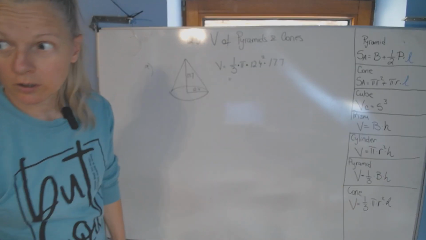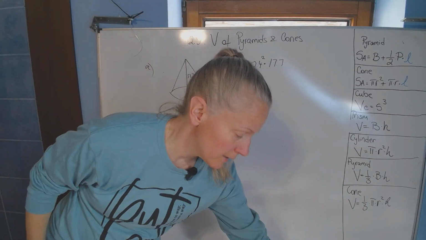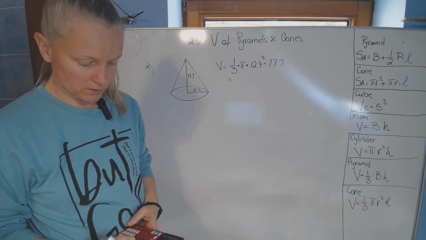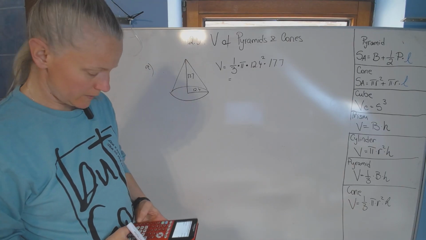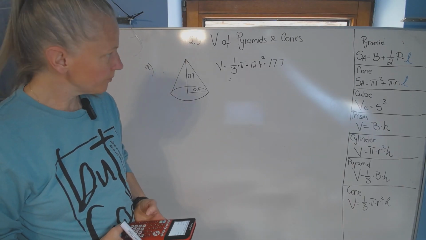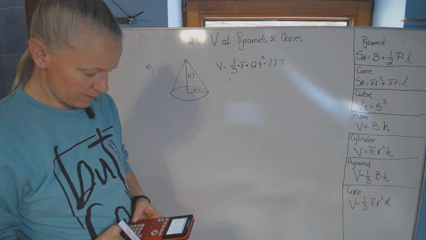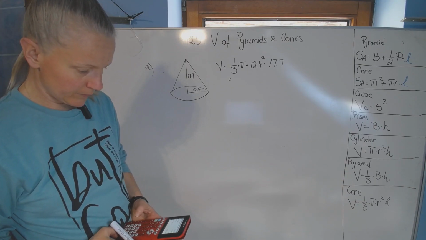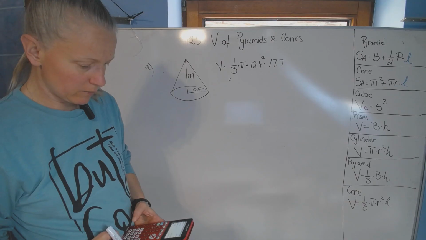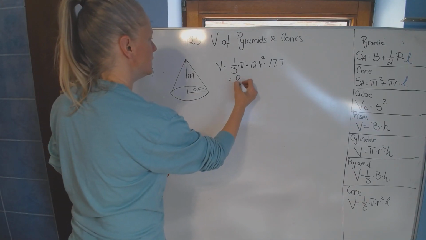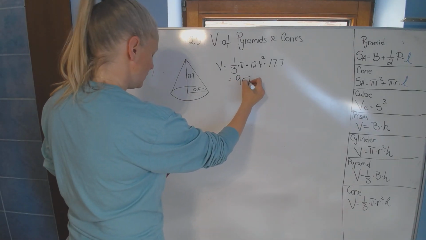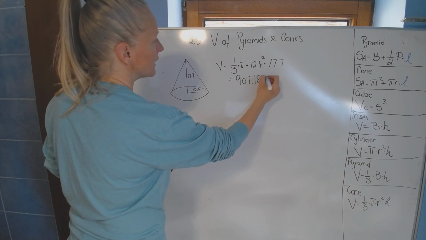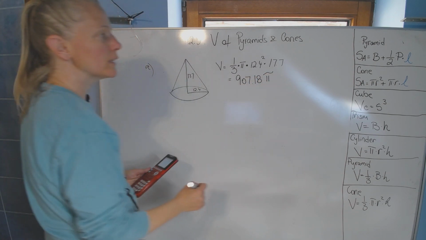And believe it or not, I am not going to work this by hand because I have not lost my mind. I'm going to do 12.4 squared times 17.7 divided by 3, and I'm going to end up with 907.18 pi. You can leave it here.